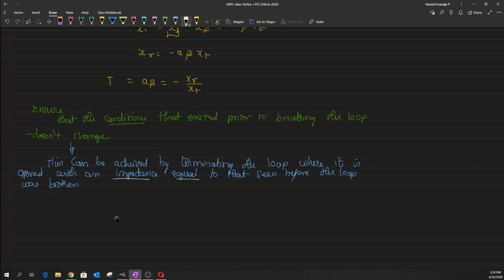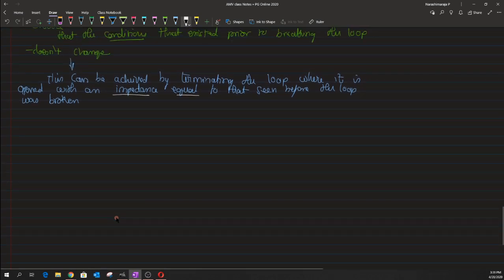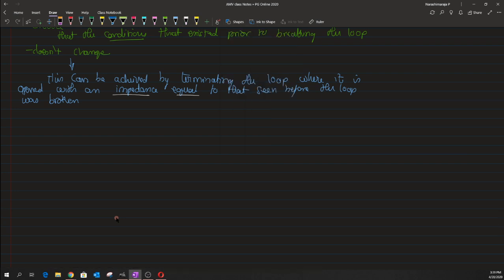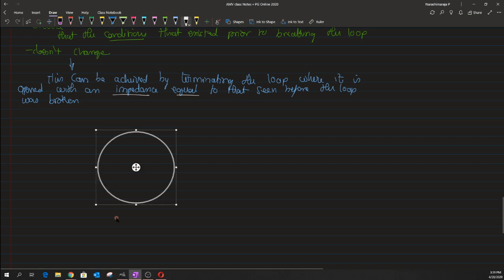Okay. So graphically, let me try to show this with respect to a voltage amplifier feedback loop. Okay. So I will just take two circles here. Let me just choose the shape. Okay. And let me use one more.